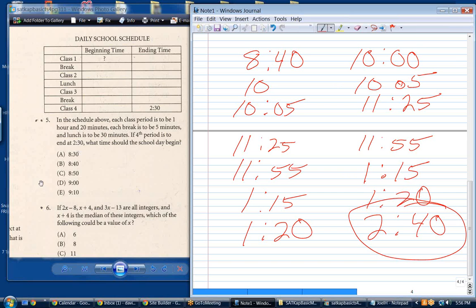Exactly. But now do you understand why when I back solve I don't want to start with 8:30? Because when I back solve this problem, if I don't have the right guess, I'm going to know exactly which way to go. If I came out with 2:20, I'd know I need a later time. But the reason you start with the second lowest is because if it's clear that I've got to go lower, I'm done with the math.